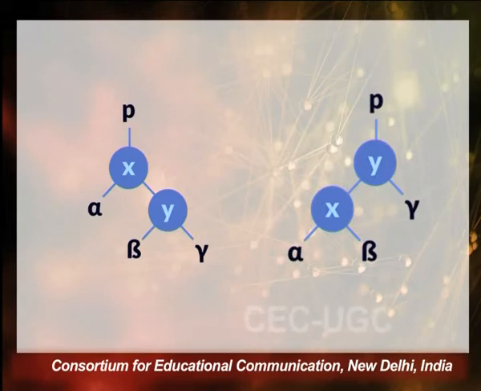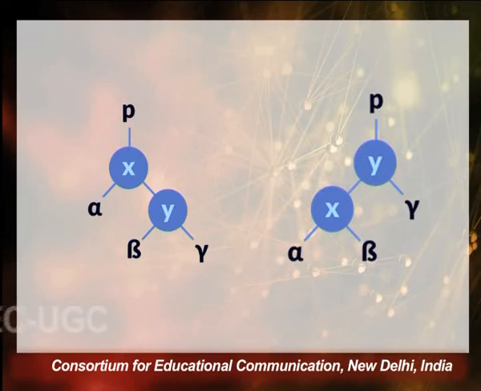See what change it has introduced into the tree: now y has become the parent of x, and x has become the left child of node y. The earlier situation was x was the parent node and y was the right child. This was the effect of performing left rotation on x.